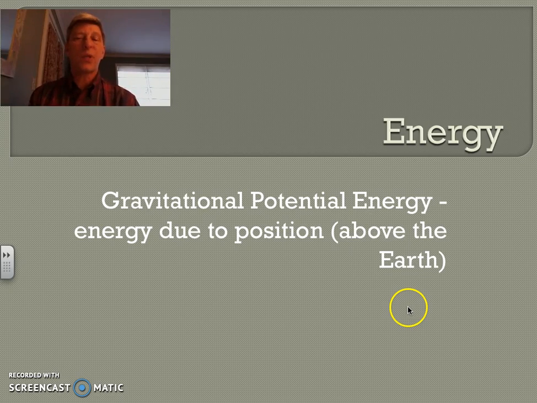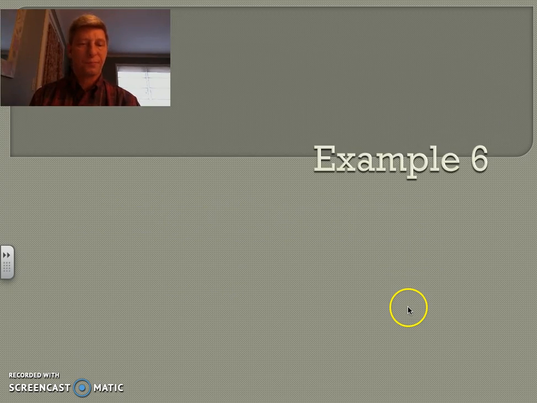So gravitational potential energy is the energy due to position above the Earth. The formula for this is, should pop up now, come on, there we go, potential energy equals m times g, acceleration of gravity, times h, the height above the Earth. And again, this formula and the kinetic energy formula are both found on your handy-dandy reference tables.